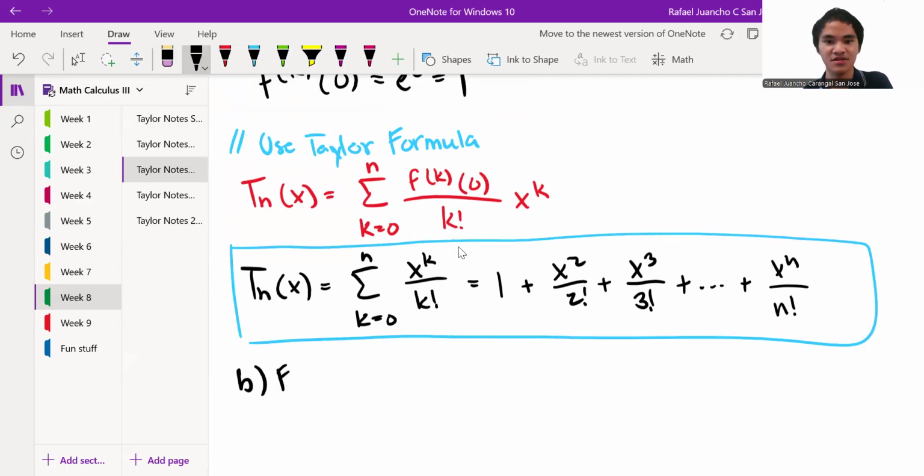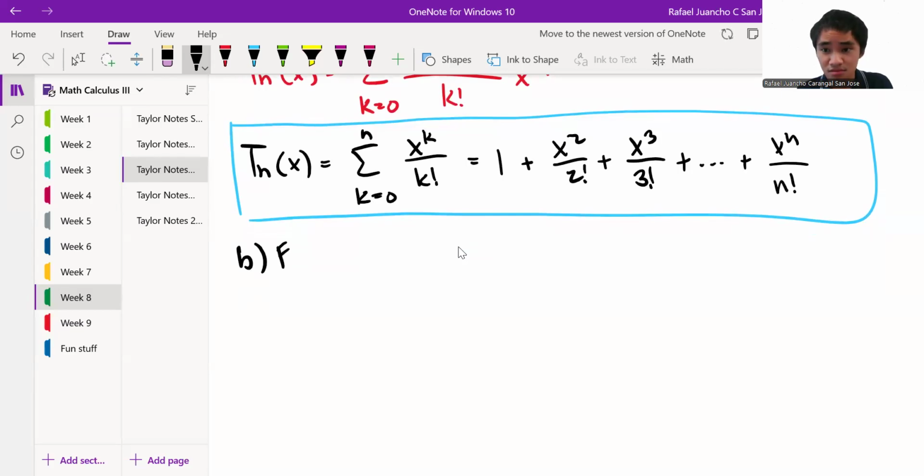Right. So for B, now we wanna do this. We wanna find an n such that when I take the bounds, or we call it now a Taylor inequality, the error, Tn, that's weird.